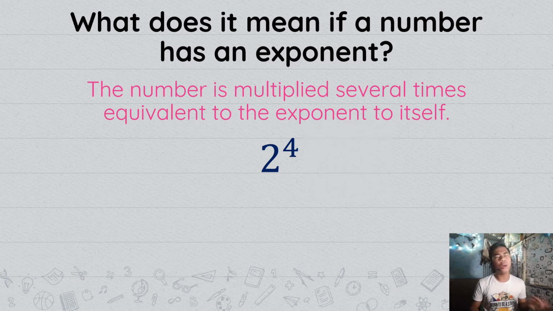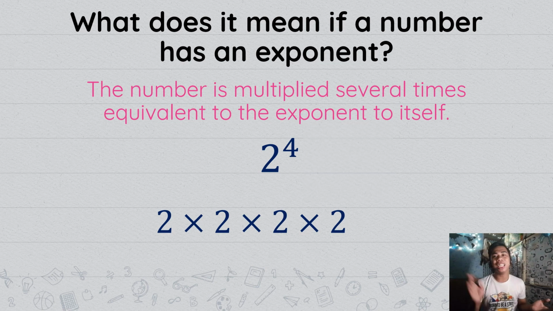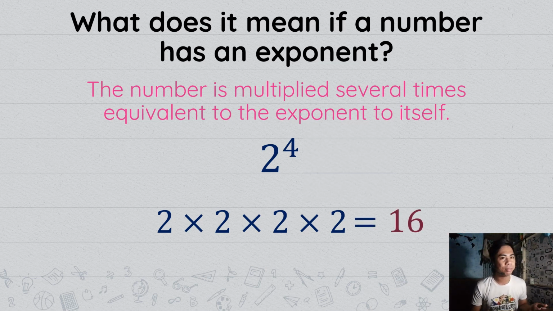When we say 2 raised to 4, it means we have to multiply 2 four times: 2 times 2 times 2 times 2. That leads us to the answer of 16.